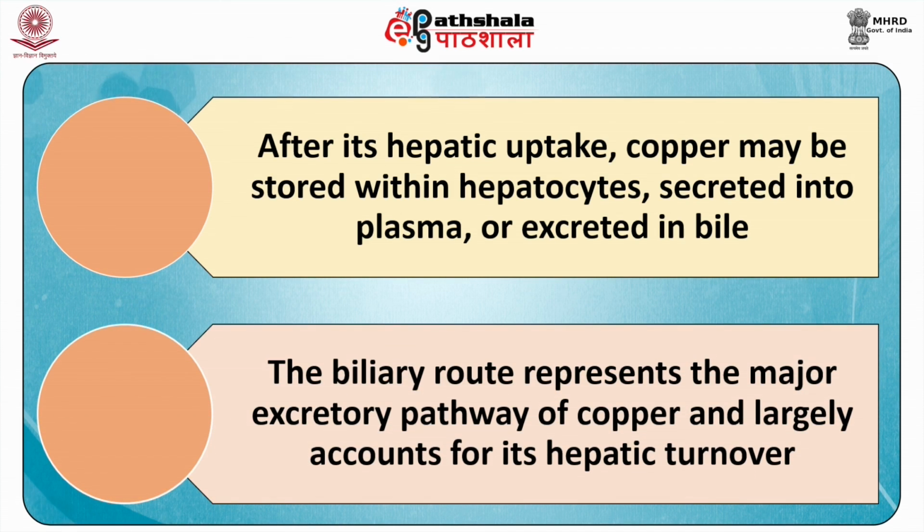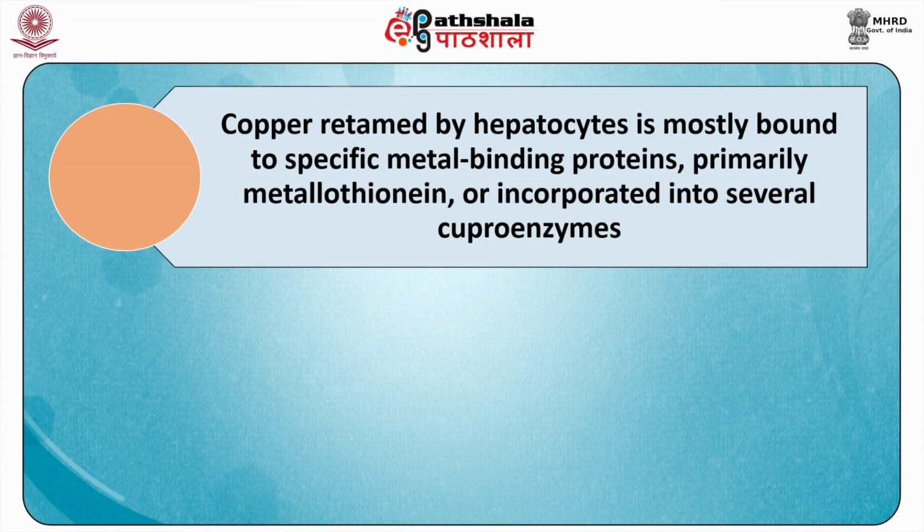The biliary route represents the major excretory pathway of copper and largely accounts for its hepatic turnover. Copper retained by hepatocytes is mostly bound to specific metal binding proteins, primarily metallothionein, or incorporated in several cuproenzymes.